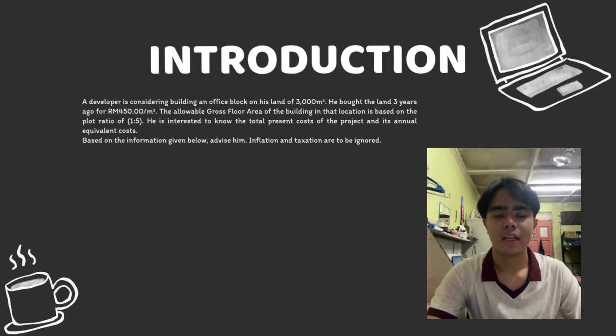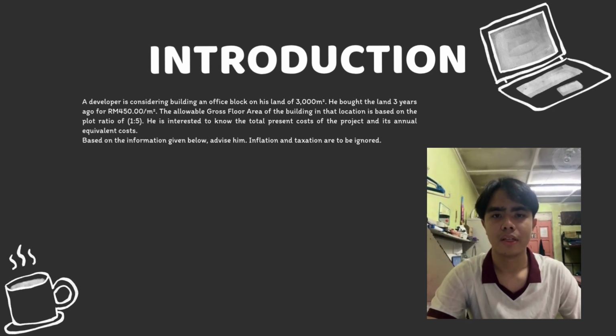This means for every 1 square meter of land, the developer is allowed to construct up to 5 square meters of floor area. Therefore, the total allowable GFA is 3,000 square meters multiplied by 5, which gives around 15,000 square meters.